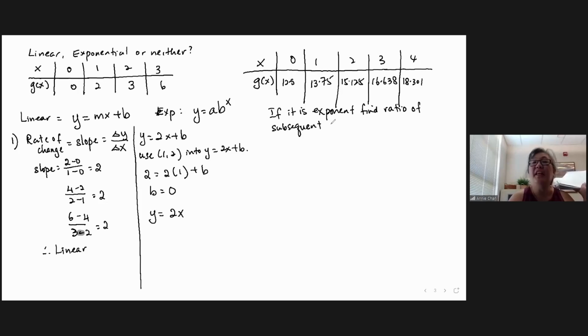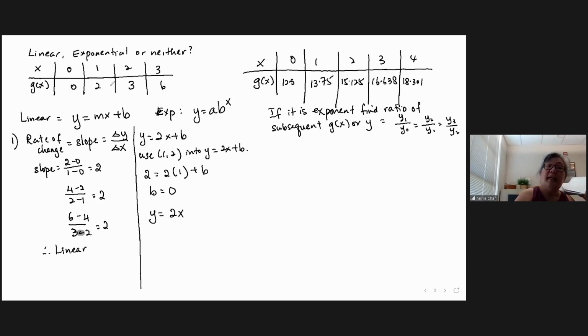Ratio of subsequent g of x or y values. So technically y1 over y0 should equal y2 over y1 equals y3 over y2. And they all should be the same.